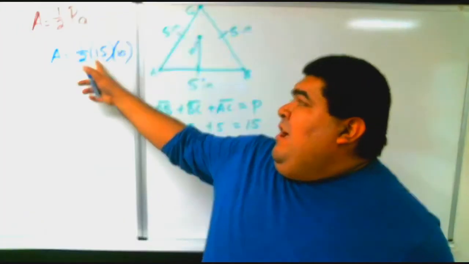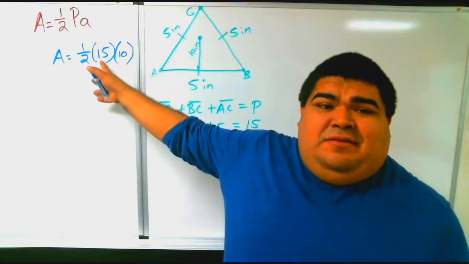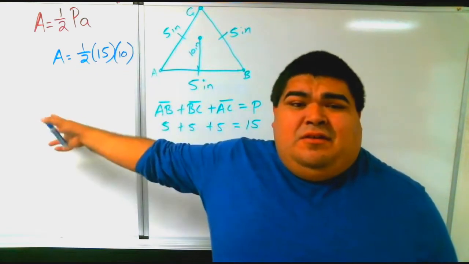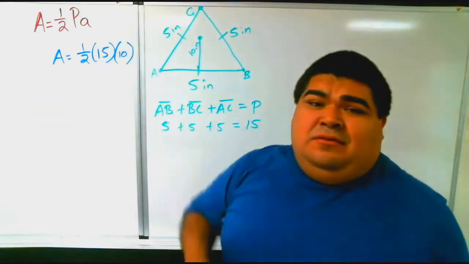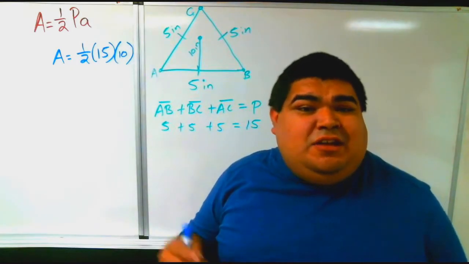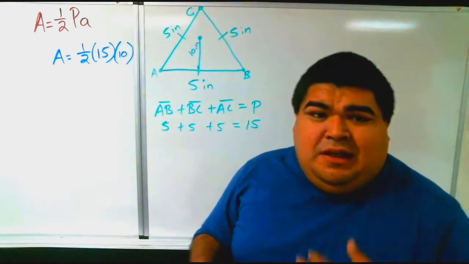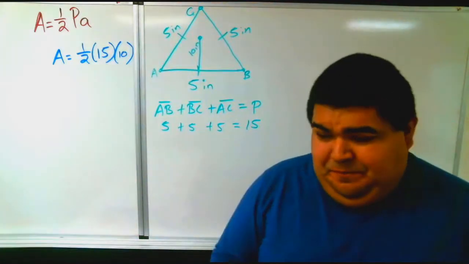We can either cut the 15 in half, or we could do 15 times 10 and then cut it in half, or half times 5 or 10. So we can do it different ways. I like to do it a very simple way.